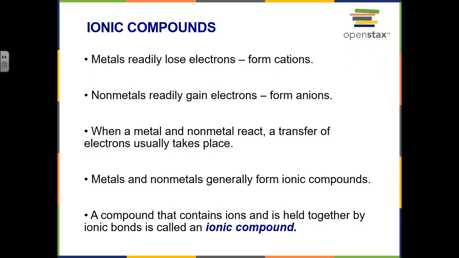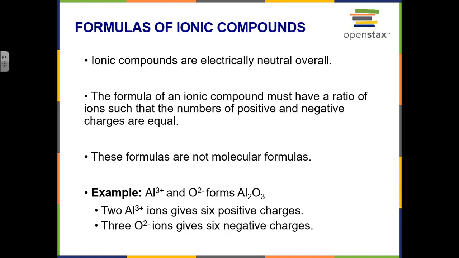Are they located on the left side of the periodic table and on the right-hand side? Then you have a high likelihood of it being considered an ionic compound. And so they're held together by ionic bonds. Now, they are electrically neutral overall, but when they are placed in solution or aqueous media, they can become conductive.